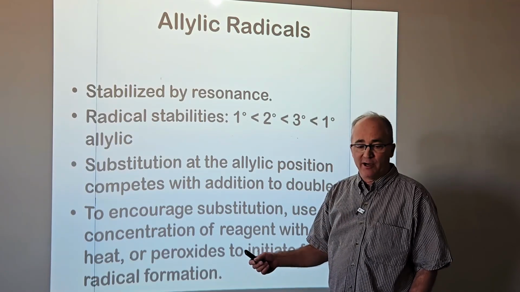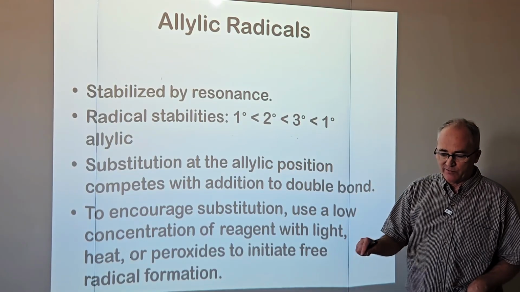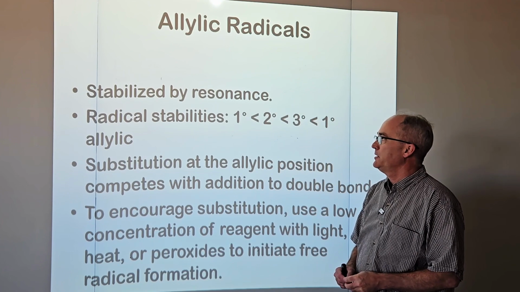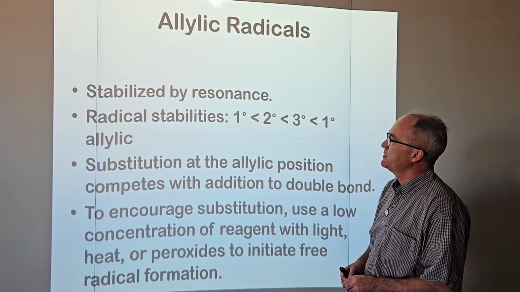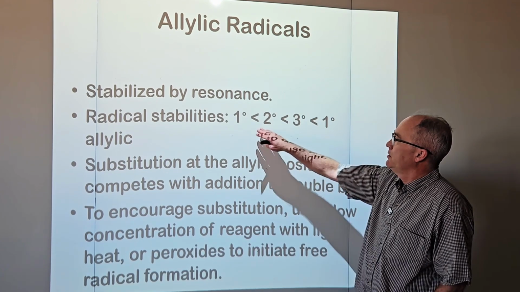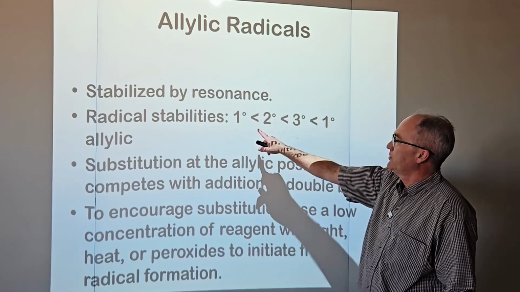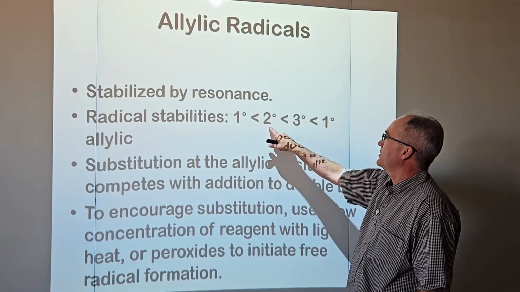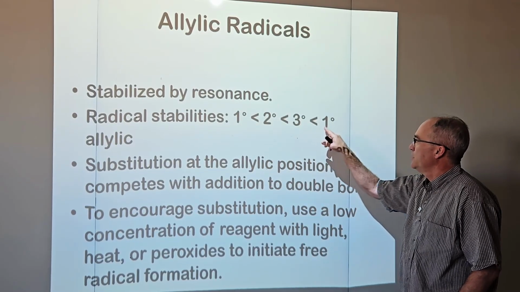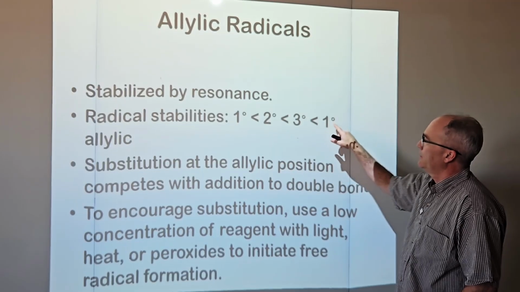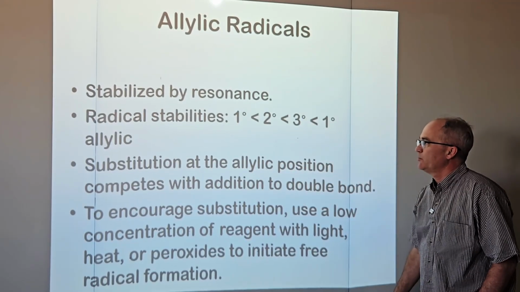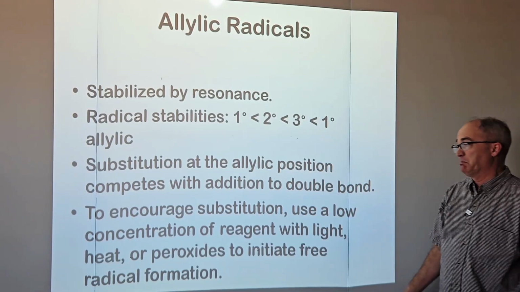Remember, you want half arrows, and you can move one electron around at a time. That's what a radical is, a free radical. Here we left out the methyl radical, but we have a primary, a secondary, and a tertiary. This is saying a primary allylic is more stable than a tertiary.